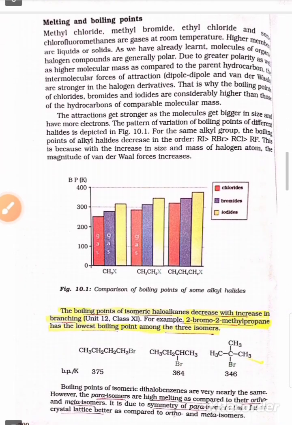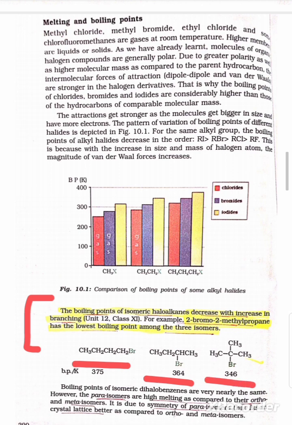If you see the properties, one of the important properties of haloalkanes is the boiling point. If you take isomeric haloalkanes, the boiling point decreases as the branching increases.